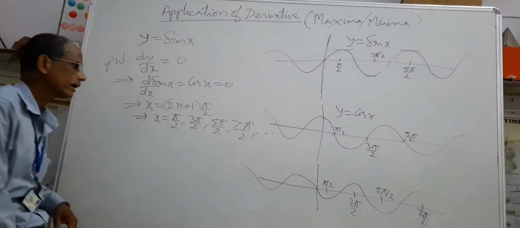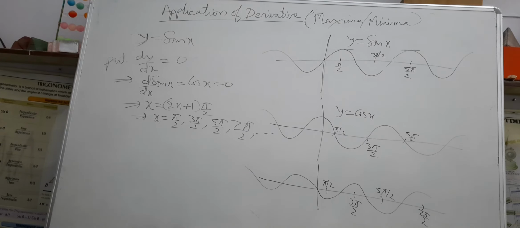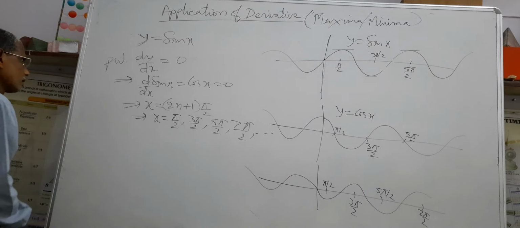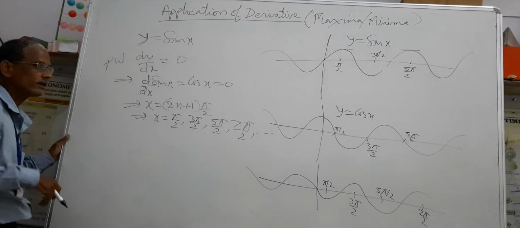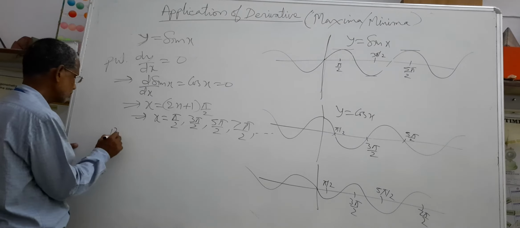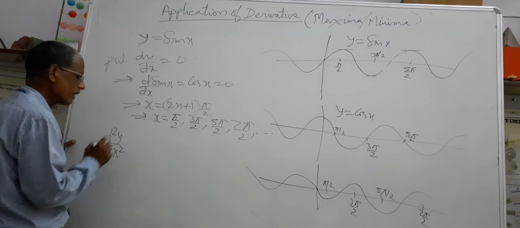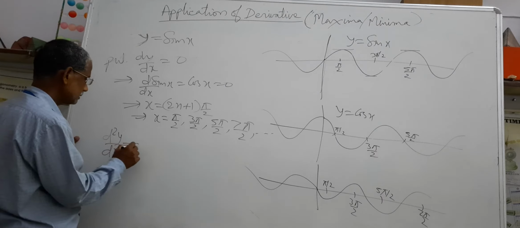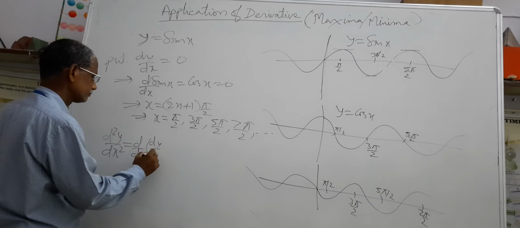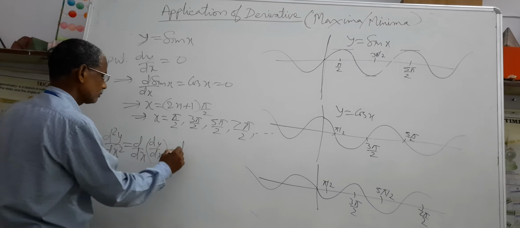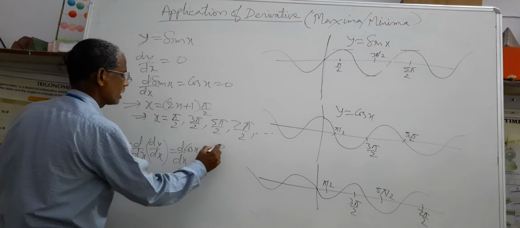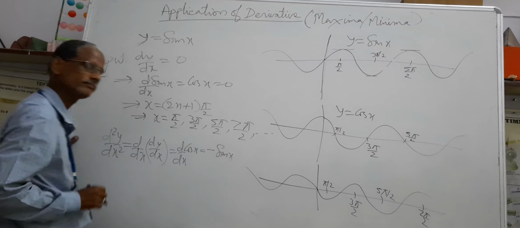Now, at which point it is maximum or at which point it is minimum, how to determine? For that, find second order derivative. d square y dx square, that is d dx of dy dx, is equal to d dx of cos x is equal to minus sin x.